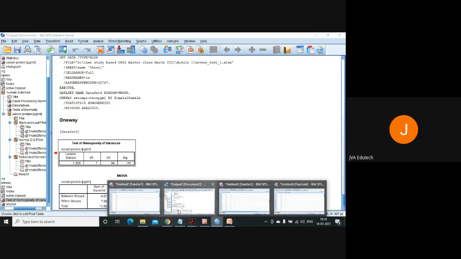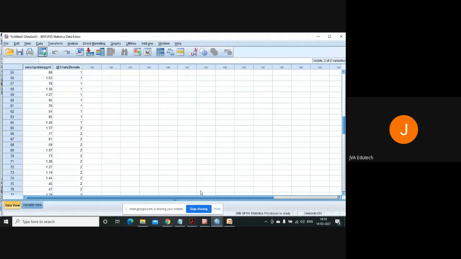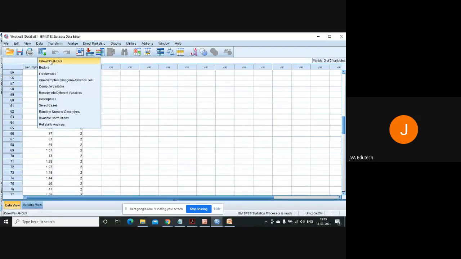Now, one important feature of SPSS that I was discussing yesterday is the syntax. Whatever commands I have run since yesterday are all here. So if I have to run one again, I need not select everything again.